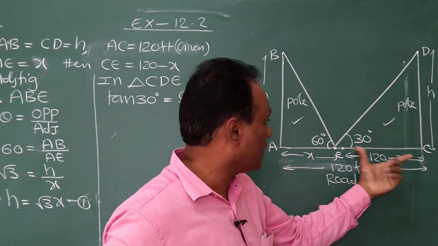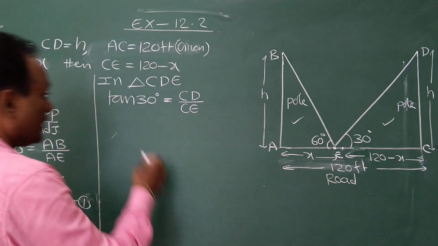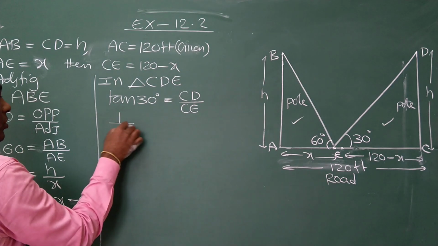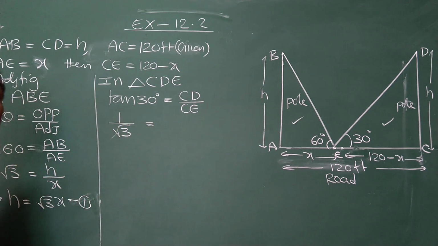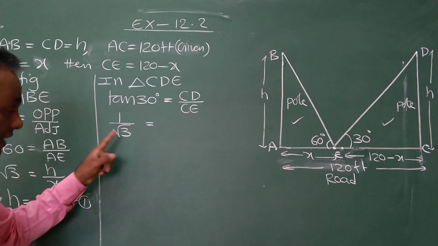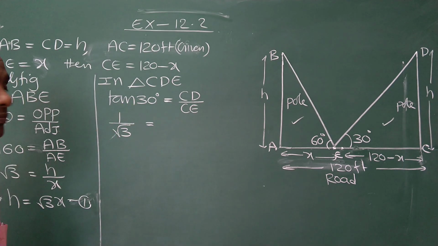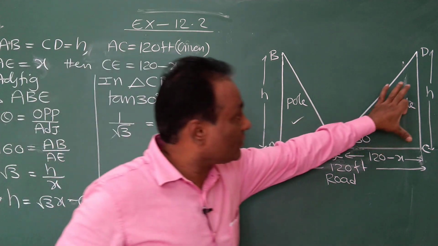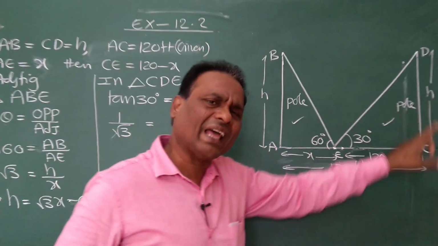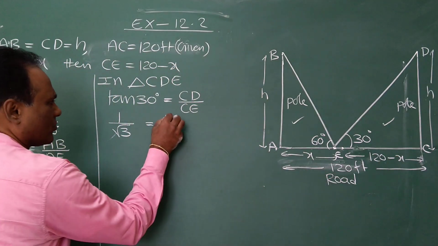Opposite is CD, adjacent is CE. Tan 30 value, see the table, is 1 by root 3. CD is H. Directly you can write, but I am writing some extra steps.